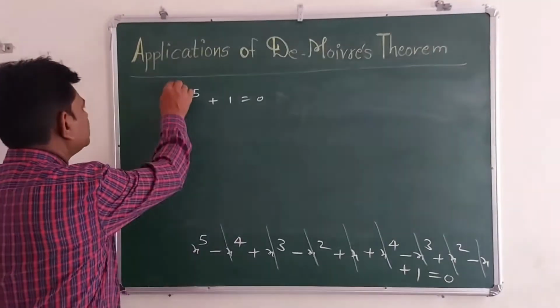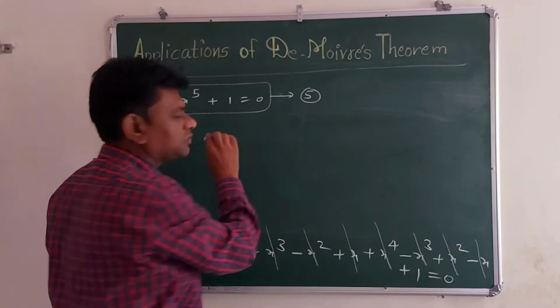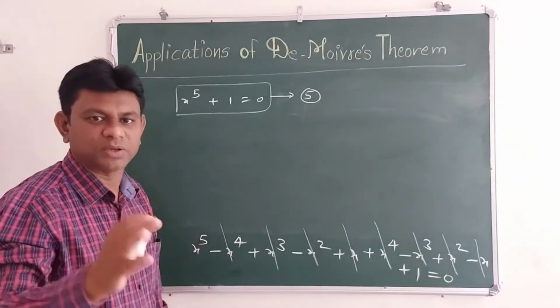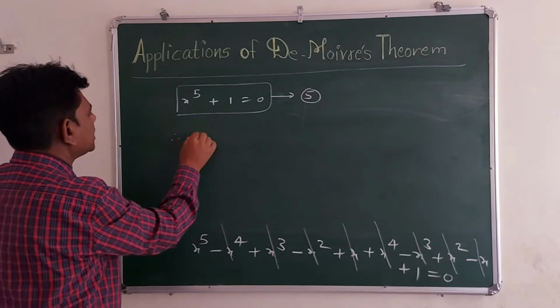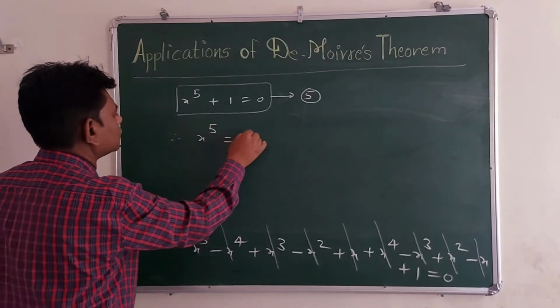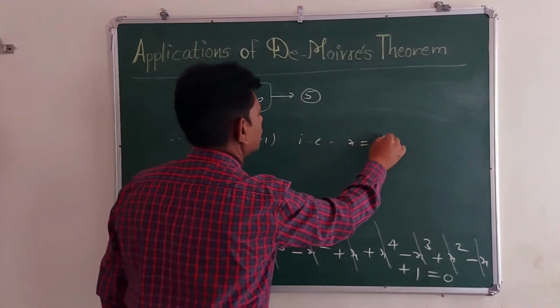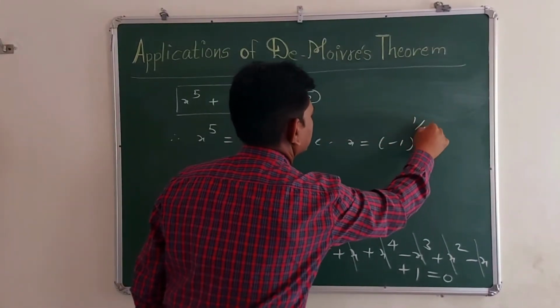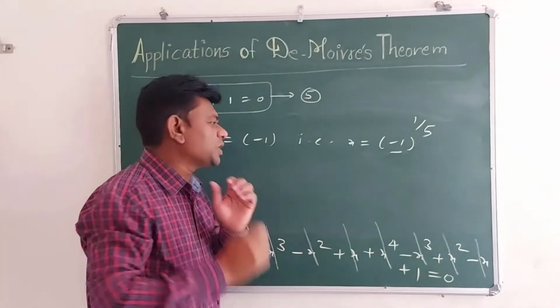Now degree of this new equation is 5, and therefore this new equation has 5 required roots. Now we write this equation as x to the power 5 is equal to minus 1, that is x is equal to minus 1 to the power 1 by 5. Now we write this minus 1 in trigonometric form.